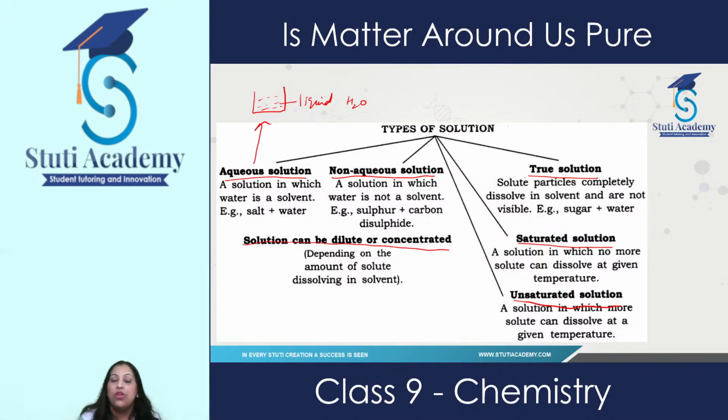And second is non-aqueous solution. Non-aqueous solution is that type of solution in which the solvent is not water. Instead of water, it can be anything. It can be alcohol, it can be iodine. That kind of solution is known as non-aqueous solution. Examples are sulfur and carbon disulfide, or alcohol.